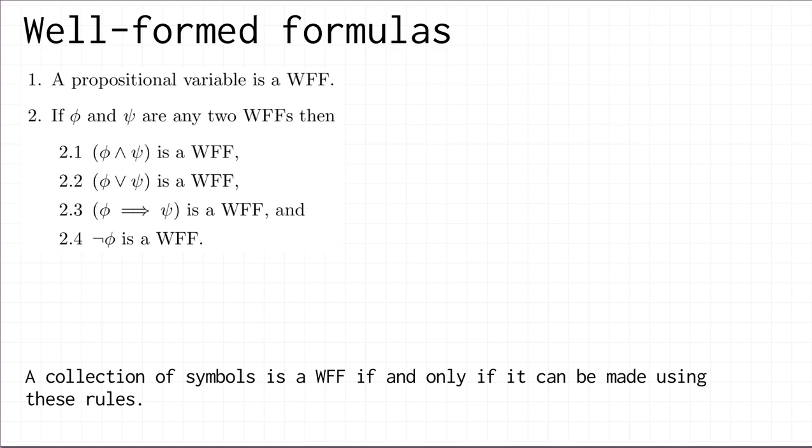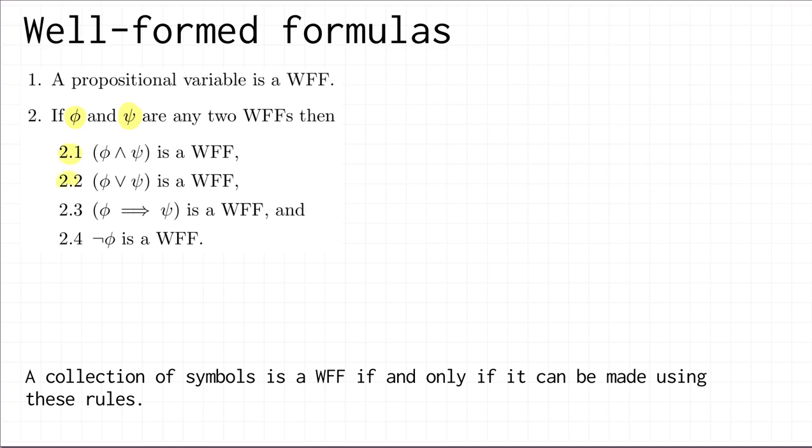We do that using 2 rules. The first rule says that a propositional variable on its own is a well-formed formula. And the second rule is that if you have 2 well-formed formulas, phi and psi, then: brackets phi and psi, close brackets, is a well-formed formula.